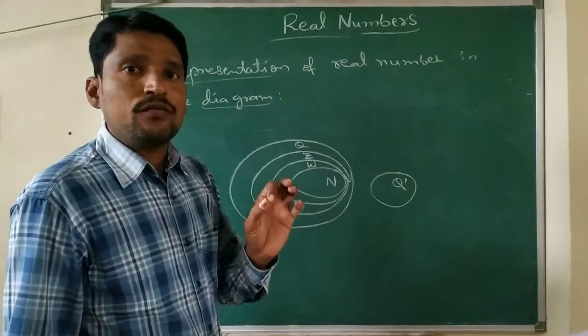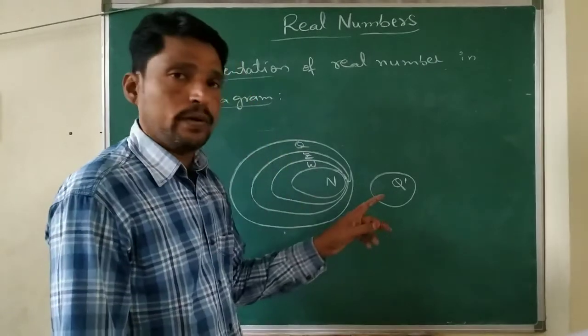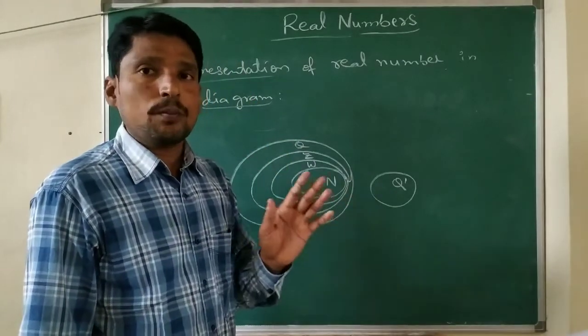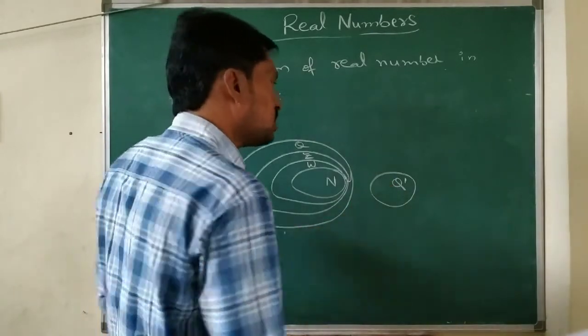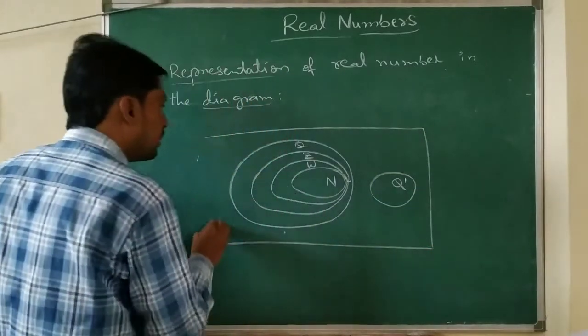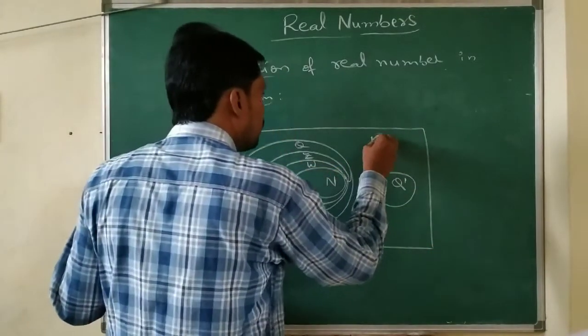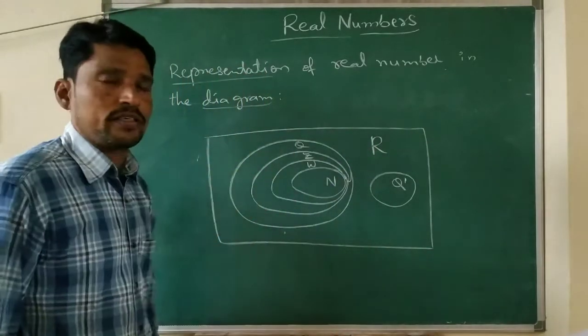A number which we cannot write in the form of p by q, q not equal to 0, where p and q are integers, is called an irrational number. So the combination of rational and irrational numbers is the real numbers. This total set is the real number set.